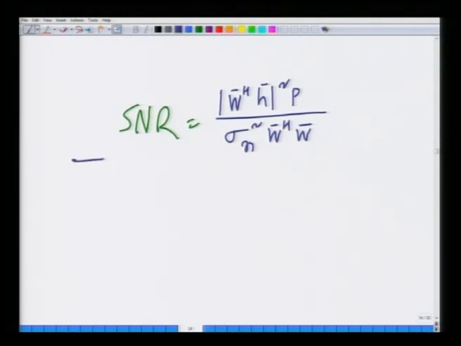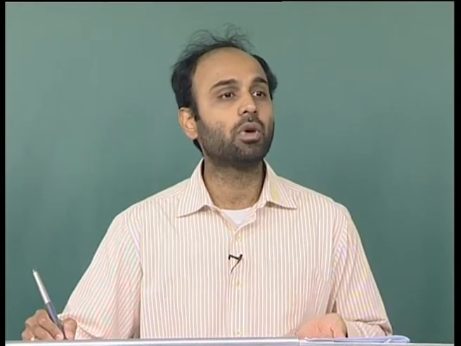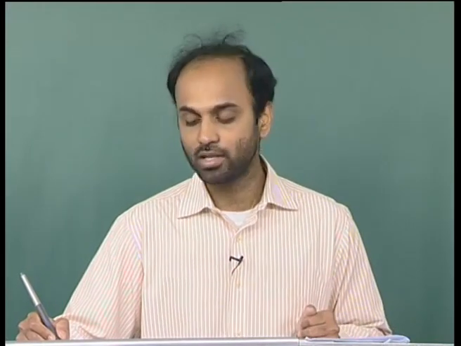Now, my problem is very simple. The problem is simply to maximize the SNR at the receiver. Remember, we have now talked a lot about this W bar vector, but we have never talked about how we choose these weights, how we choose this vector W bar, and that is simply I want to choose my W bar such that this receive SNR is maximized.